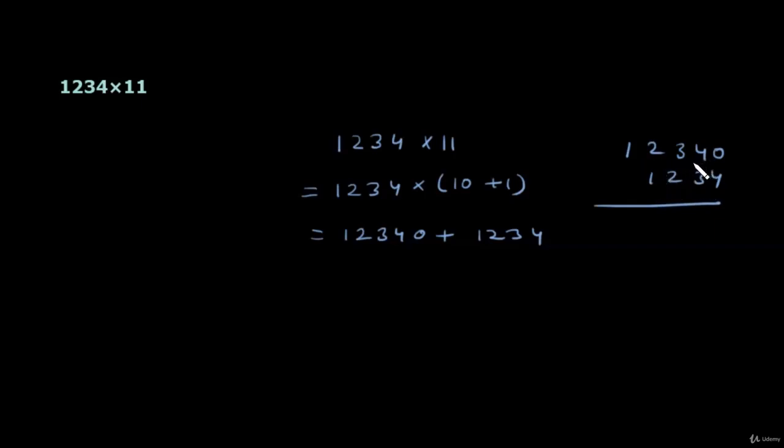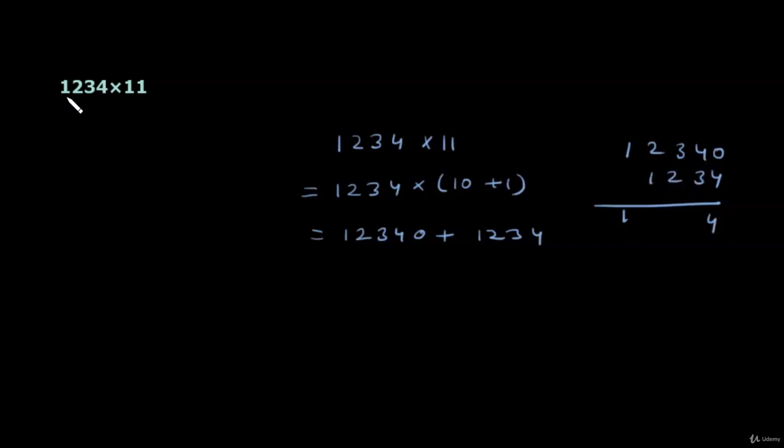1, 2, 3, 4 number is now become a 5-digit number by placing a 0 over here, and we are adding the same number by just shifting to one place. So that's why we are getting the first and the last digit same, and the next addition is same as adding to the neighbor.